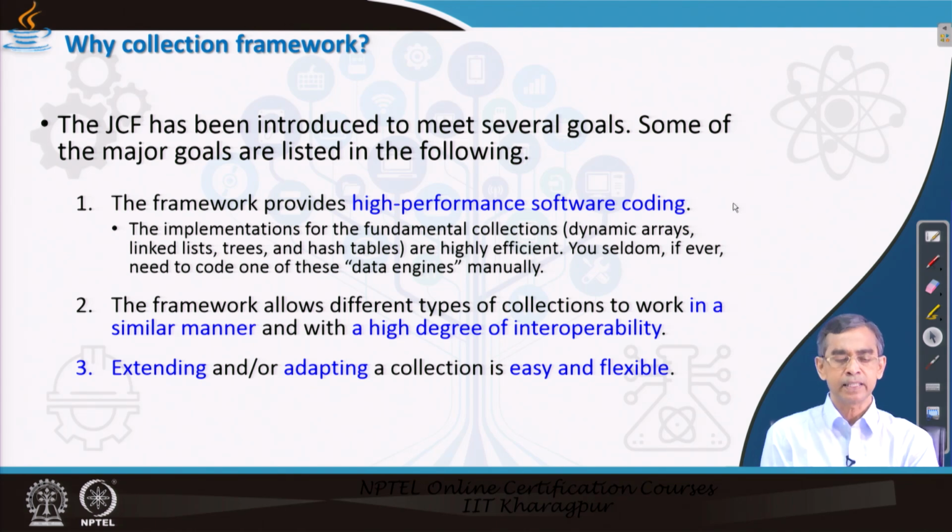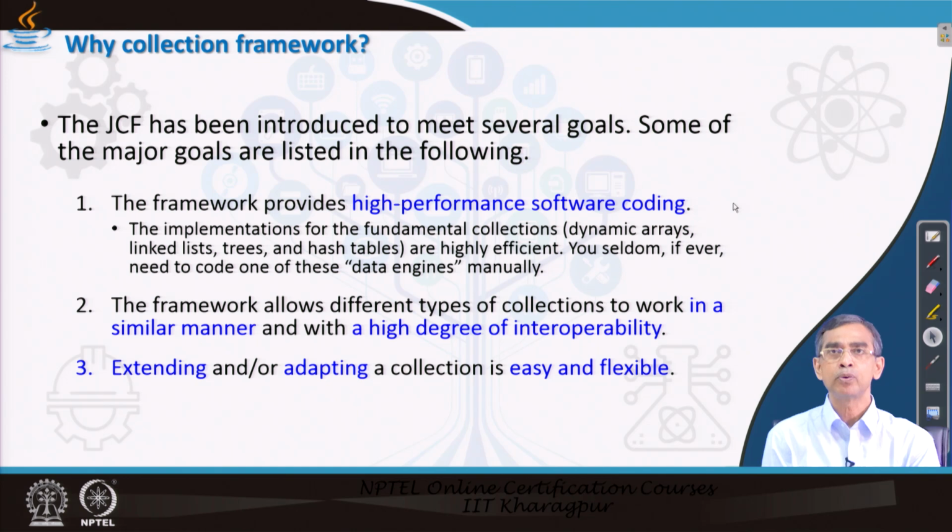Another goal of the Java framework is this: there are different types of data structures, as we have already mentioned, and they need different ways to deal with. Not only this, there may be a requirement for interoperability from one type of collection to another. For example, you have stored a collection in the form of an array, and you want to convert the same collection into a sequential form like a linked list, or an array into a queue or vice versa.